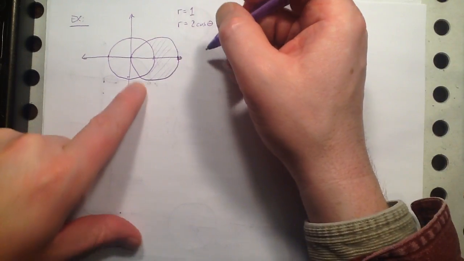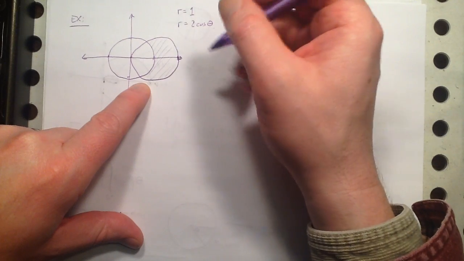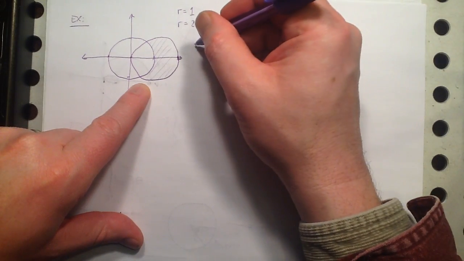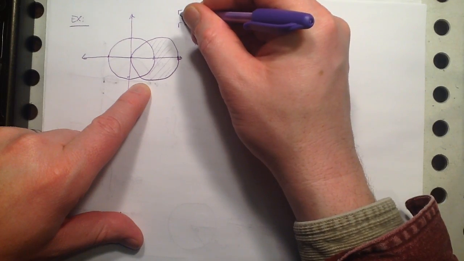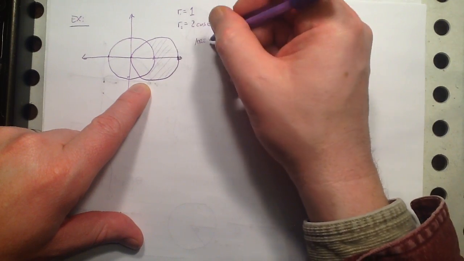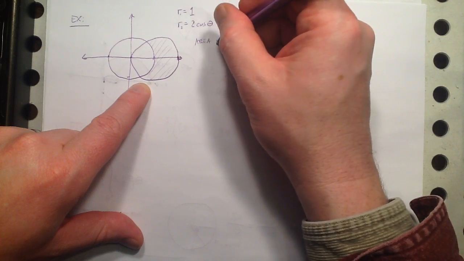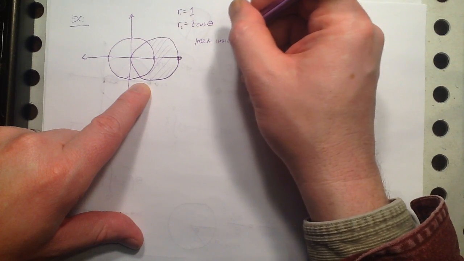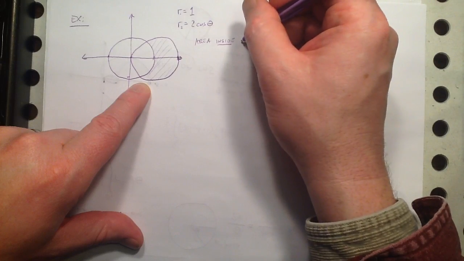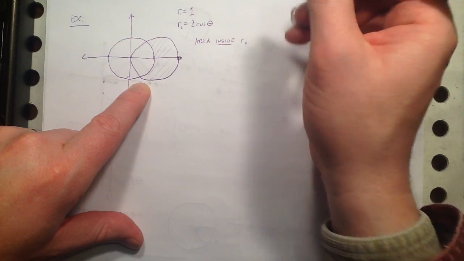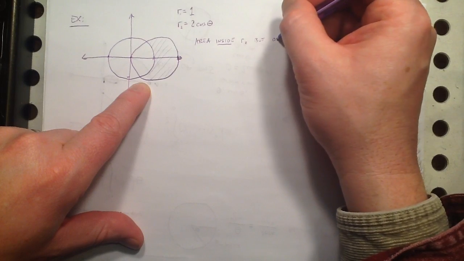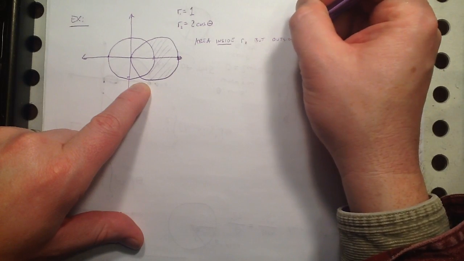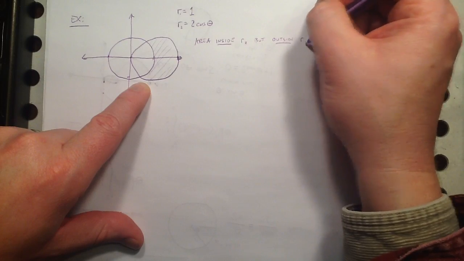These things are often described as, if we call this r1 and r2, the area inside r2 but outside of r1.